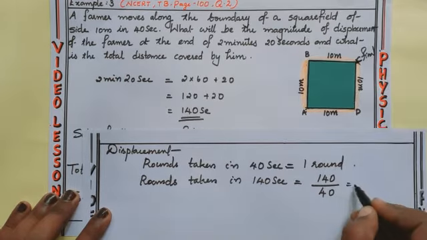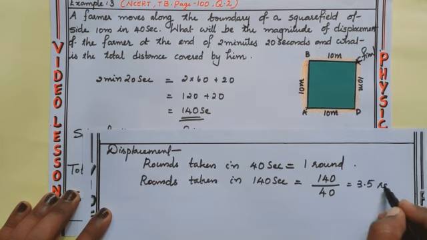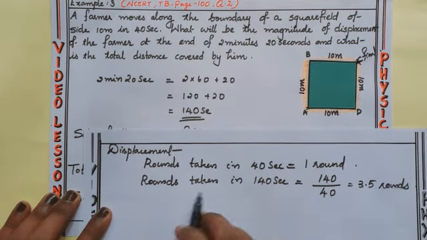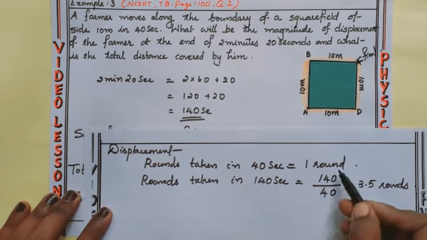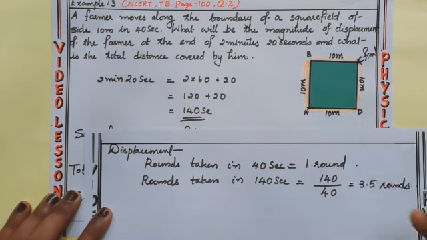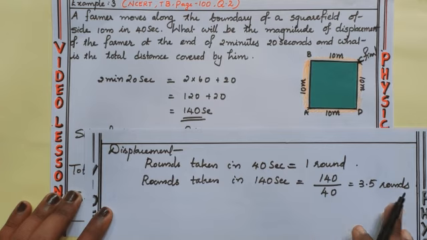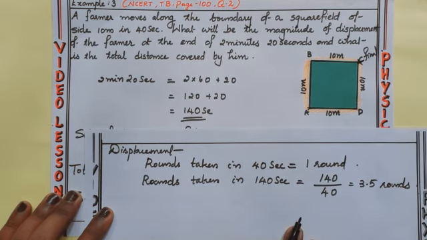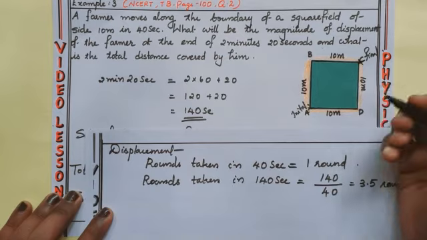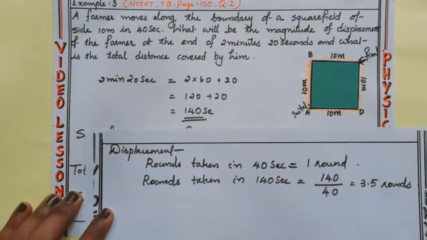Otherwise also we will get 3.5 rounds. So you can follow this method or that method. Then 3.5 rounds. A is the initial position and C is the final position.